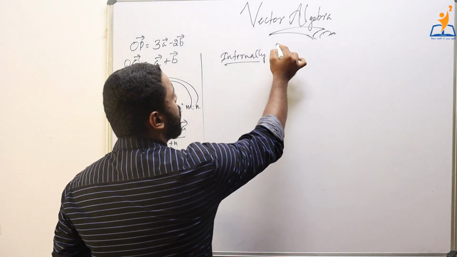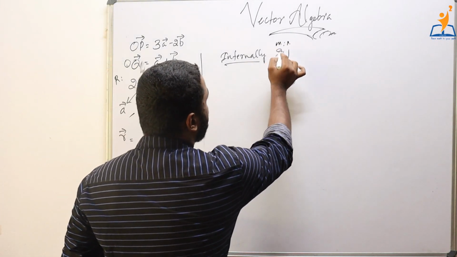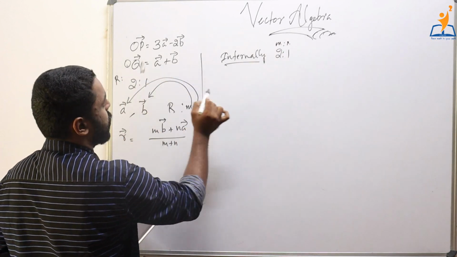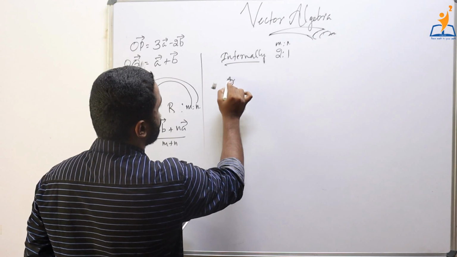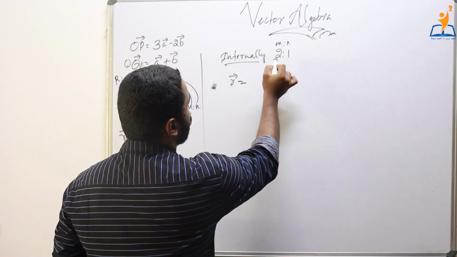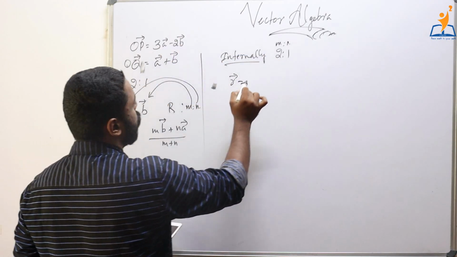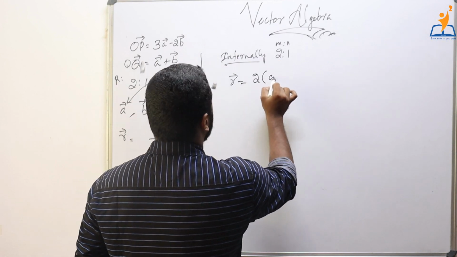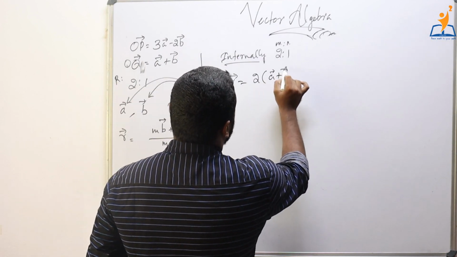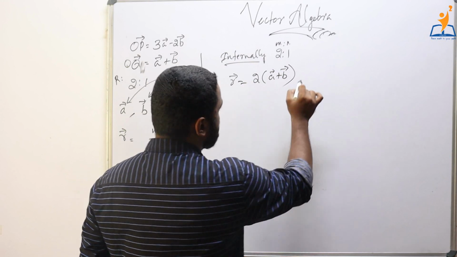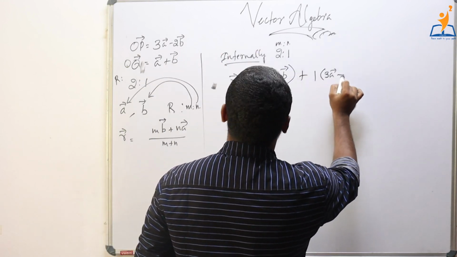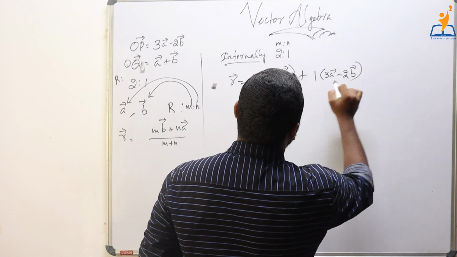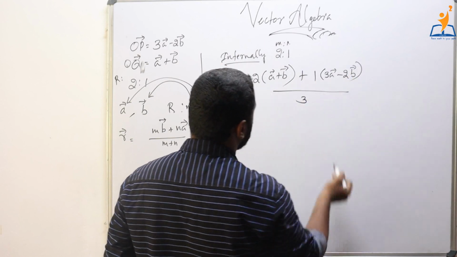Now we have m:n. So R is equal to m into the second vector, that is 2 into (a plus b), plus n into the first vector, 1 into (3a minus 2b), divided by m plus n, which is 3.